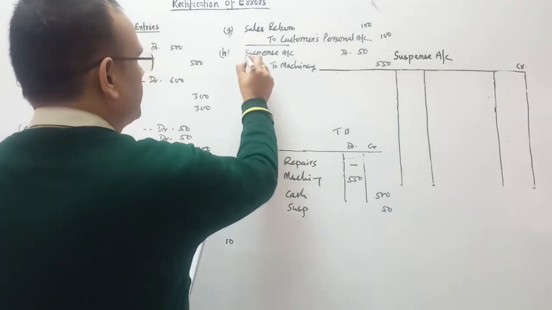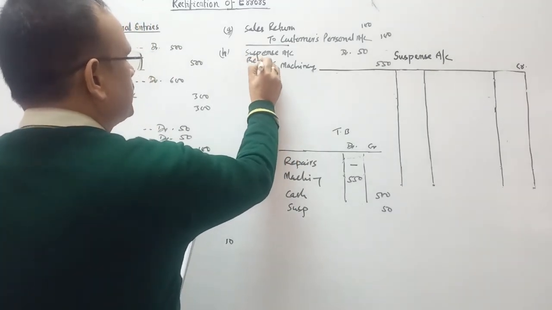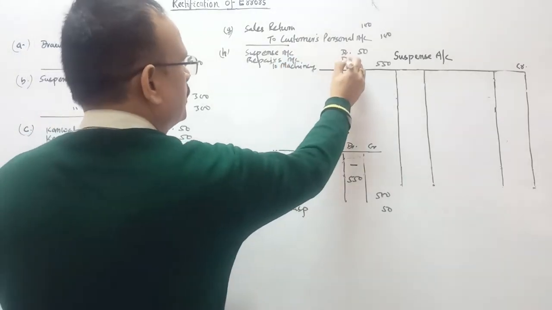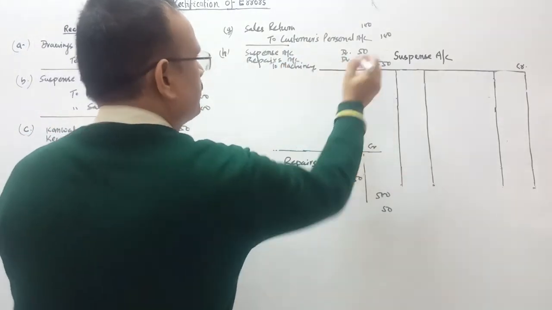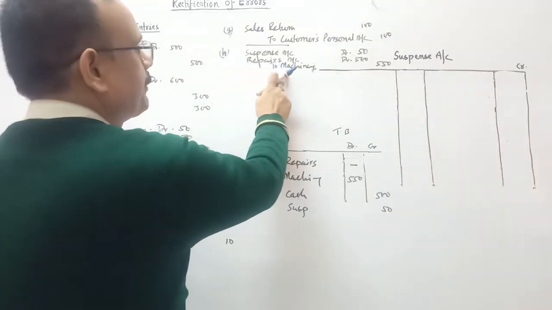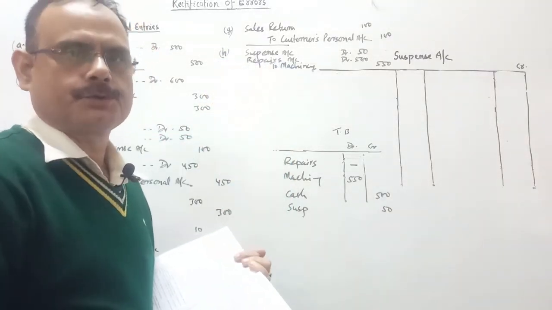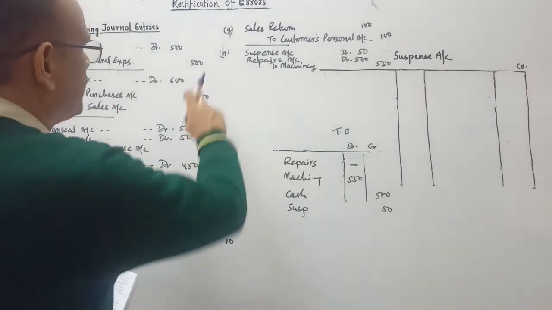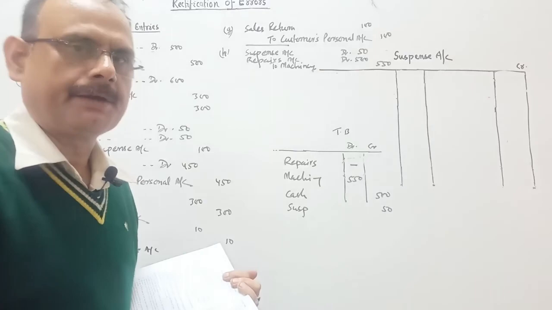And repairs should be at the right place, so you debit the repairs account with the amount of rupees 500. So suspense account debit, repairs account debit to machinery account. This is the posting related to error number H.